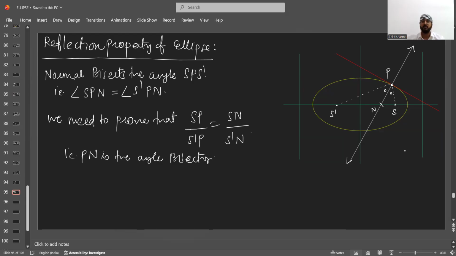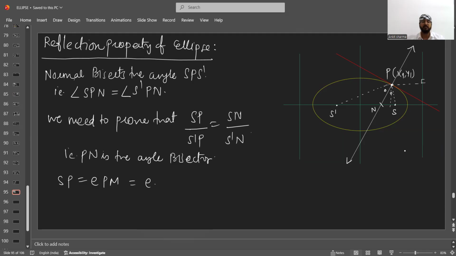Now let's go ahead. Again, we'll go by the very basic definition. SP is nothing but the focal distance of the point. So SP is equal to e times PM, which we know already. This PM is the perpendicular distance. Of course, I'll take my point P as (x1, y1).